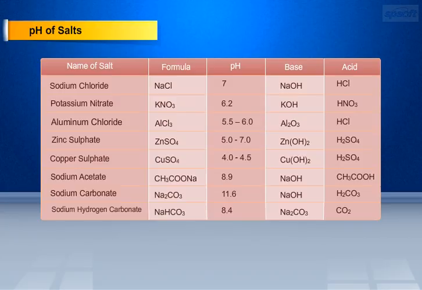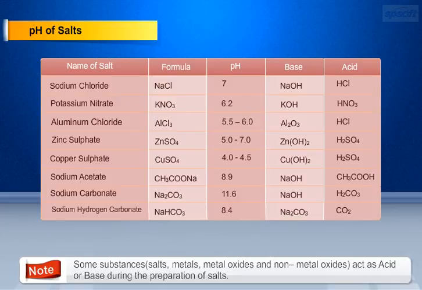Formula for sodium hydrogen carbonate is NaHCO3, and its pH value is 8.4. Its base is Na2CO3, and its acid is CO2. Please note that some substances, salts, metals, metal oxides and non-metal oxides, act as acid or base during the preparation of salts.